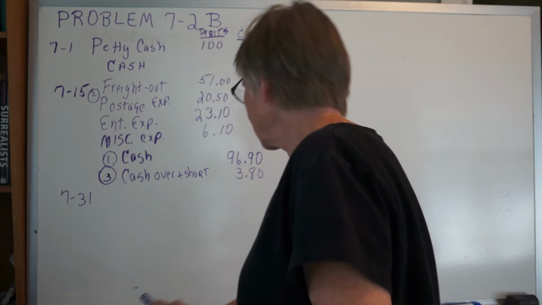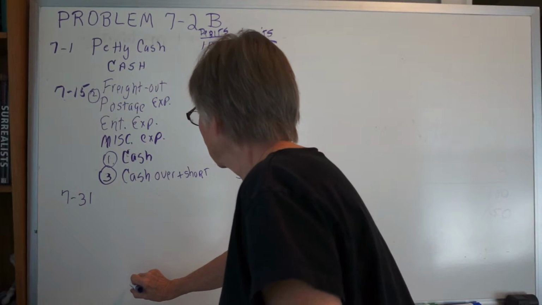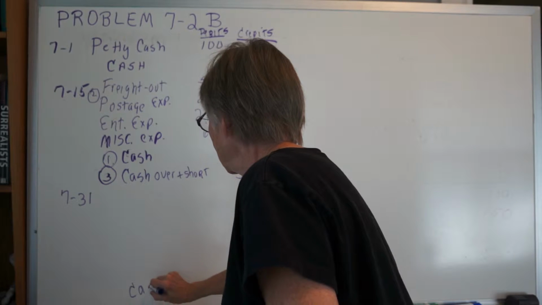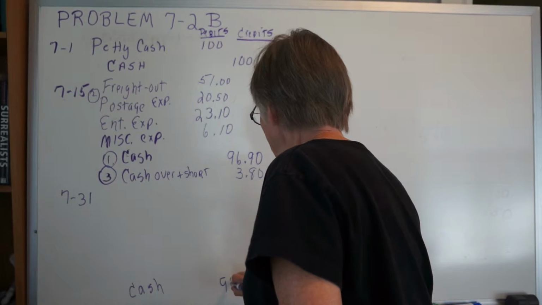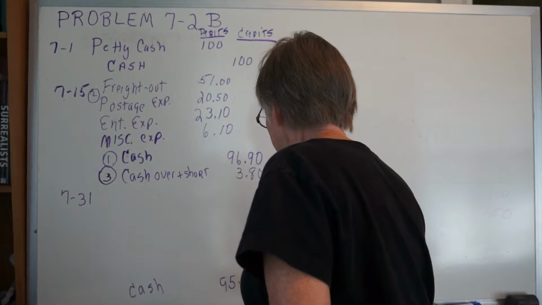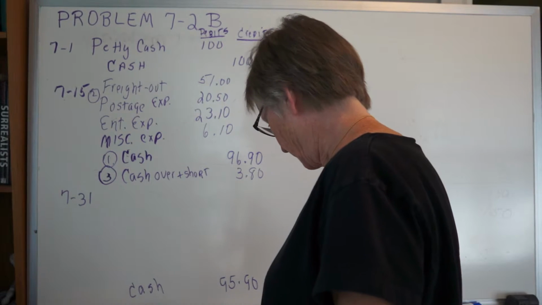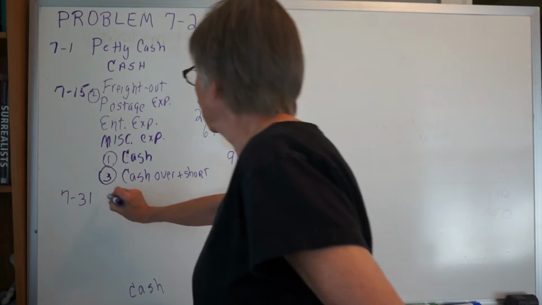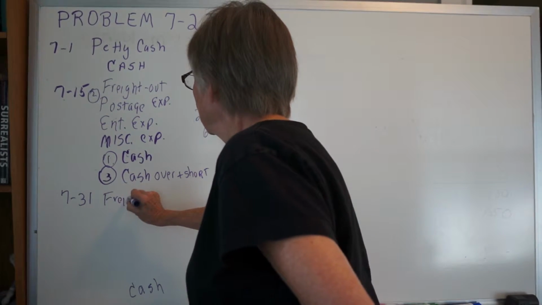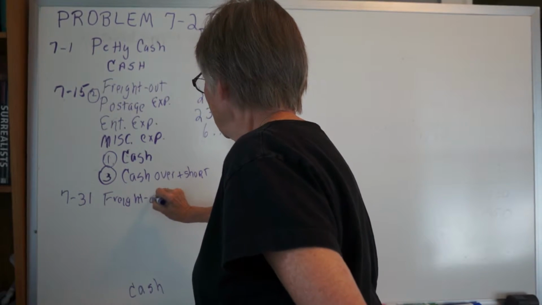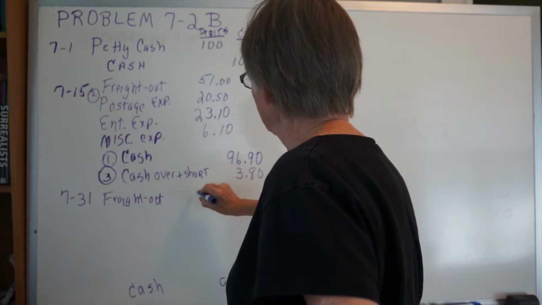They say they wrote a check for $95.90, so we credit cash for $95.90. And then you tally up the receipts, and here we had our freight out for $43.50.